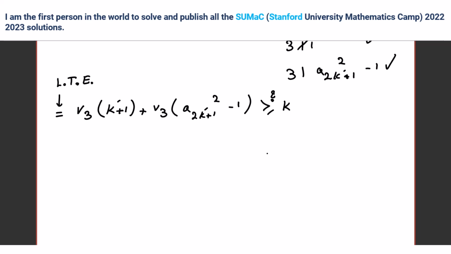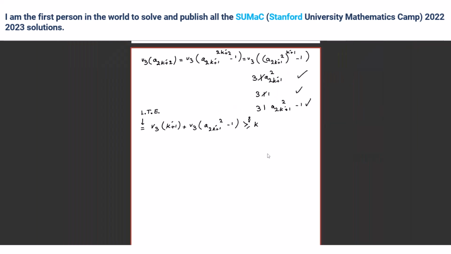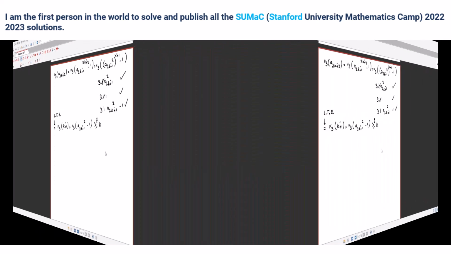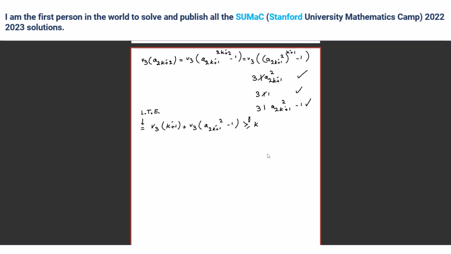So how can we make sure that this one is at least k? We can just set k prime plus 1 equals 3 to the k, so k prime is 3 to the k minus 1.